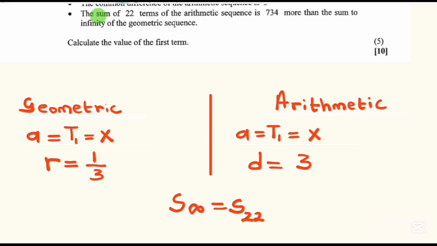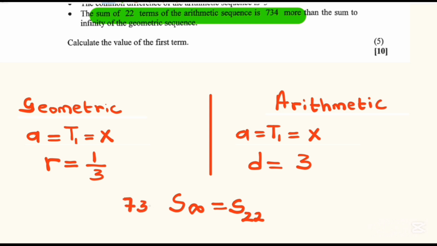Since the sum of 22 terms is 734 more, either we subtract 734 from the sum to 22 terms, or we add 734 to the sum to infinity for the equation to be balanced.